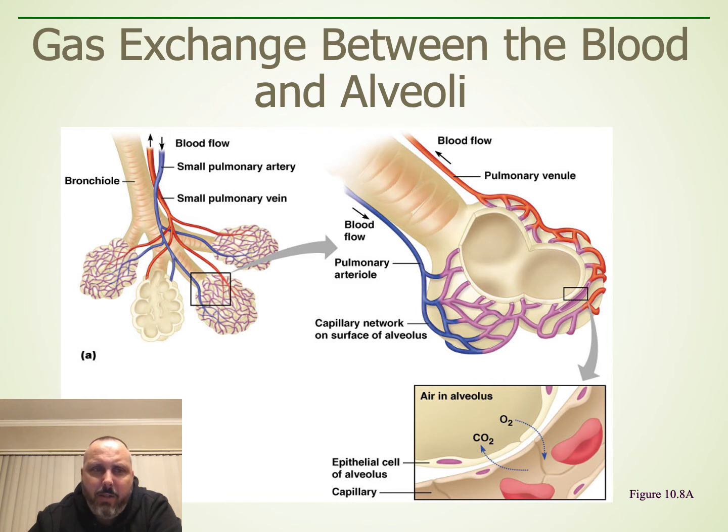Essentially what they do is they are surrounded by those capillaries. Like we talked about when we were talking about the cardiovascular system, the tissues are one cell thick, which allows that gas exchange.